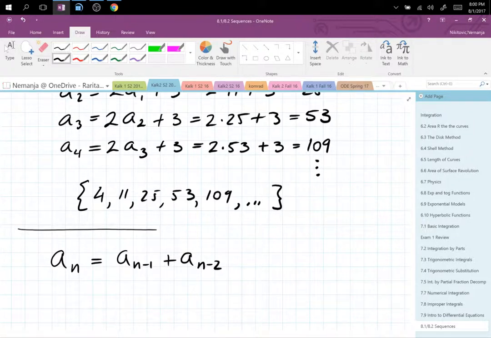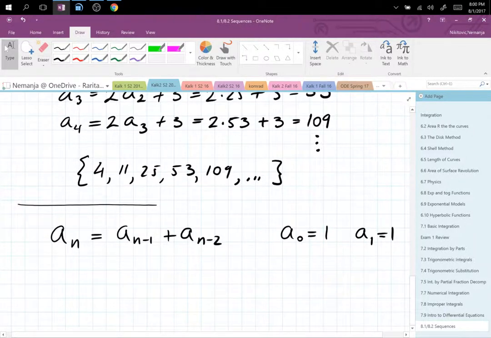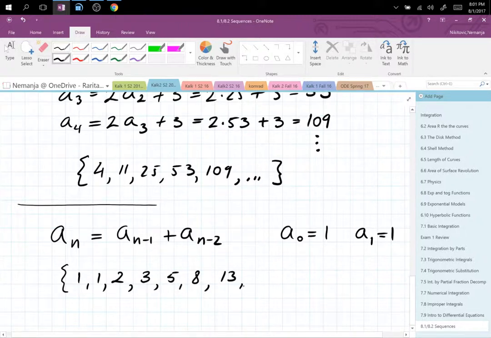So if I write this and I say that a_0 is 1 and a_1 is 1, we are starting the Fibonacci sequence by writing the first two terms, and then the next term is the sum of the first two, and then the next is the sum of the last two, and the next is the sum of the last two, and you keep doing that until you get bored.